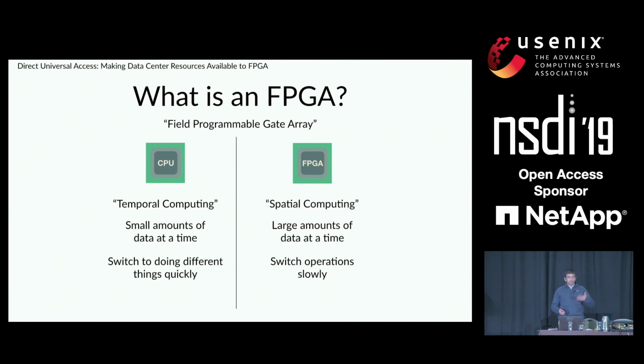So like every couple nanoseconds or something, the instruction that the CPU is running changes, but it can't operate on as much data at once. So as a result, we can sort of think of a CPU as temporally constrained. It takes more time to process more data. An FPGA, meanwhile, you can think of it as being spatially constrained. You can process as much data in a time that you want, as long as you have enough area on your chip to process that data.